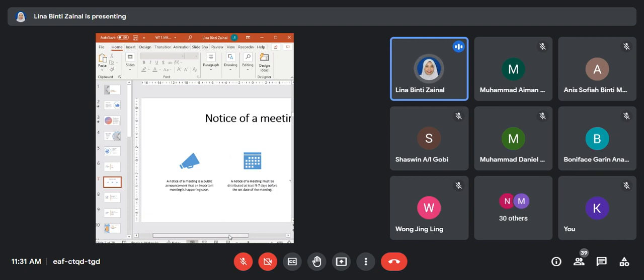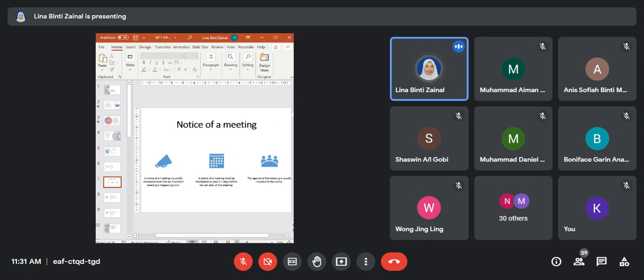Alright, so notice of meeting. What is a notice of meeting? A notice of meeting is a public announcement that an important meeting is happening soon. Traditionally, this notice of meeting was pasted on the bulletin board at the company.